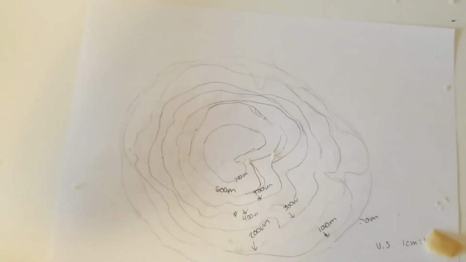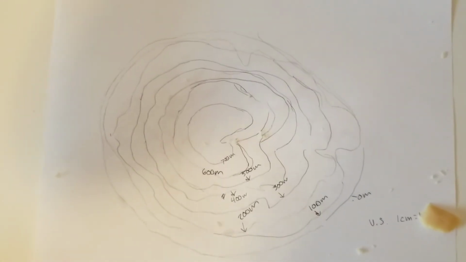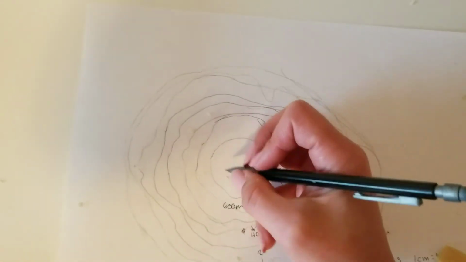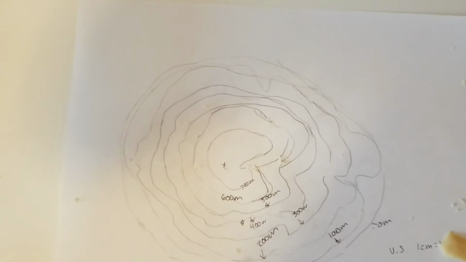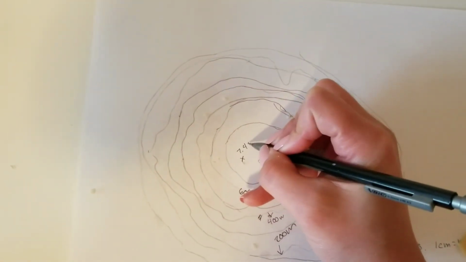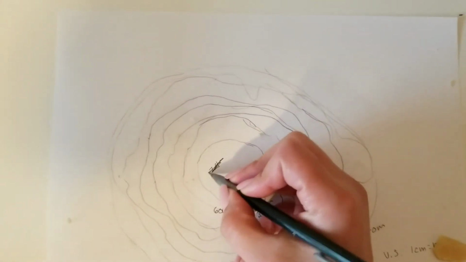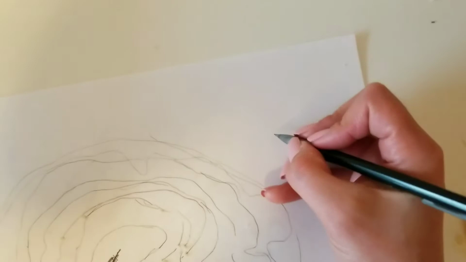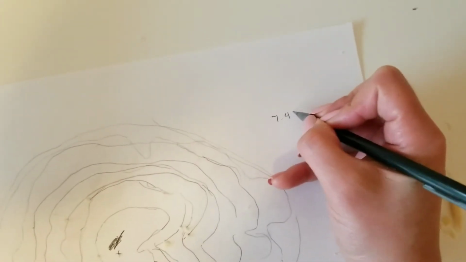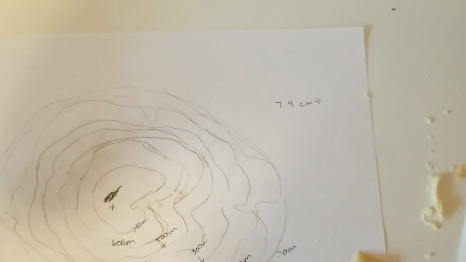And then the top of the mountain, I realized I actually measured it wrong earlier. The peak of our mountain was right about here, and it was actually about 7.4. Oh, hang on, I don't want to write that on there, and I can't erase this. It was actually 7.4 centimeters, which means that if we did that conversion, let me put my phone up here.